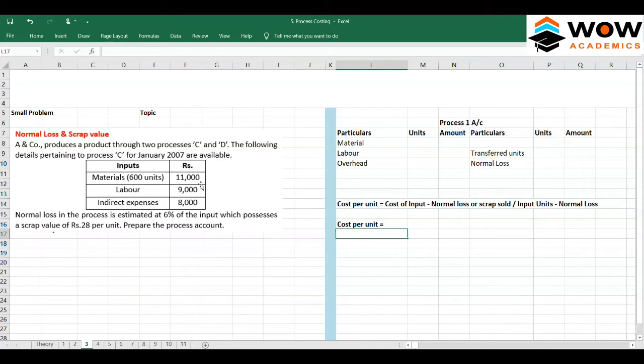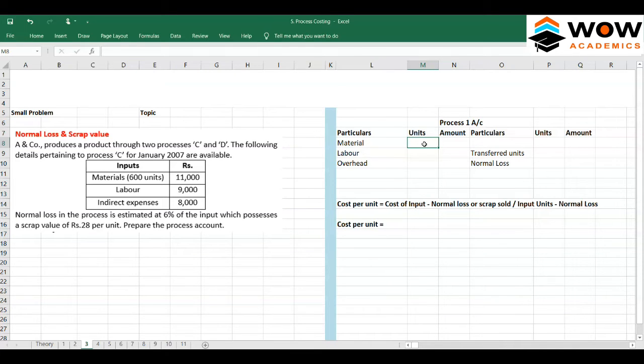So this is the input here. Labor is 9,000. Indirect expenses 8,000. And normal loss in the process is estimated to be 6% of the input, which possesses a scrap value of 28. Okay, so again here they have not given you the output. Okay, so let's start with this problem.